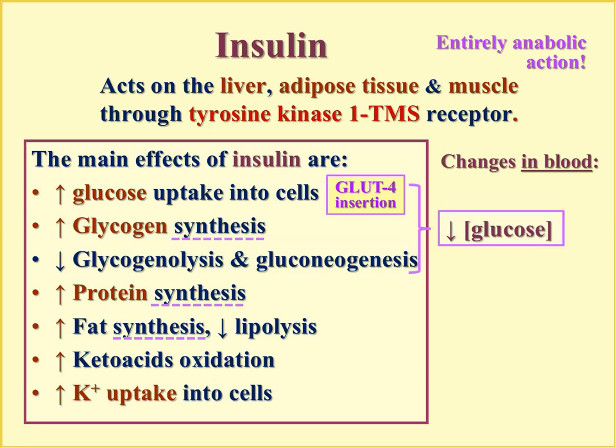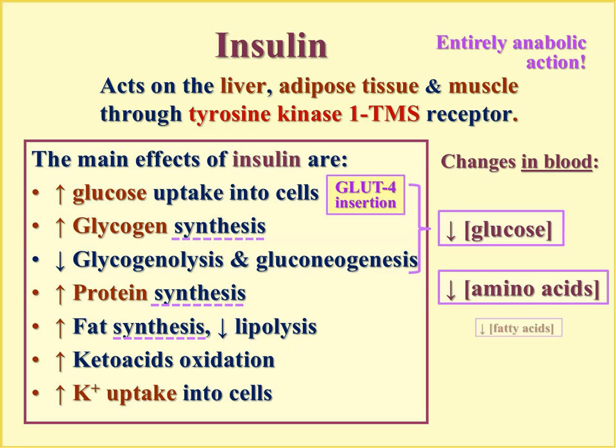So the concentration of blood glucose is decreased. Similarly, the concentration of amino acids is decreased because amino acids are taken into cells and converted to proteins. Then fat synthesis requires entry of fatty acids from blood into cells, and the level of blood fatty acids also decreases.